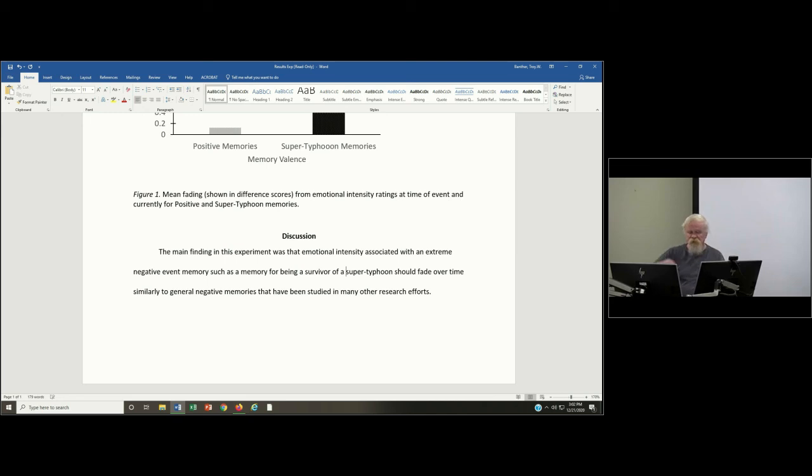Okay, and then we can talk about that. Why would a very negative memory, how would the emotional intensity of that experience still fade over time from the time it happened to now?